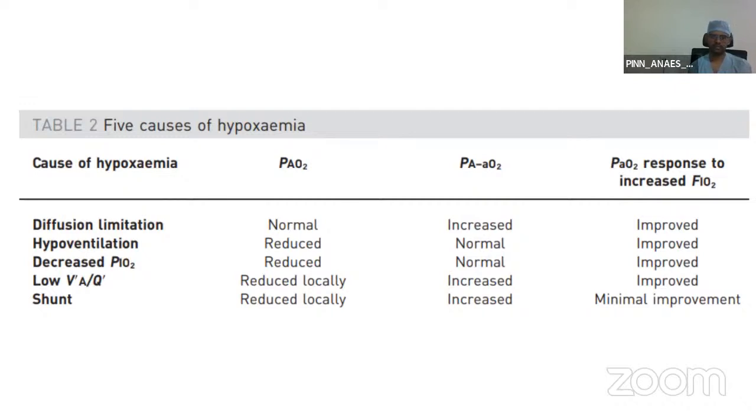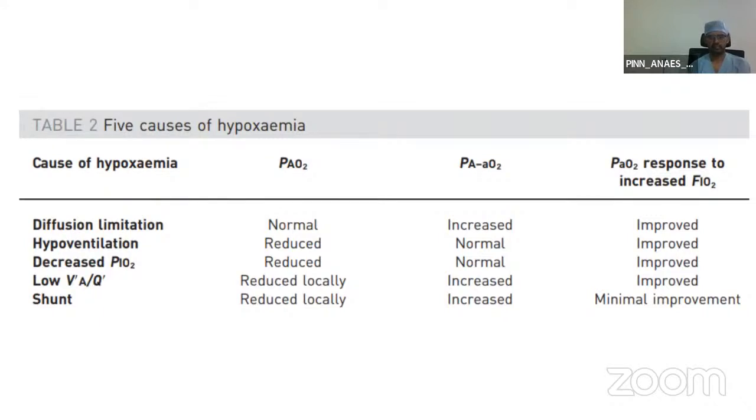In hypoventilation, there will be reduced alveolar PO2, and the alveolar arterial oxygen pressure difference is normal. This also can be corrected with supplemental oxygen. Decreased inspired oxygen tension again has reduced alveolar PO2, and the alveolar arterial oxygen pressure difference is normal. This can also be corrected with oxygen supplementation.